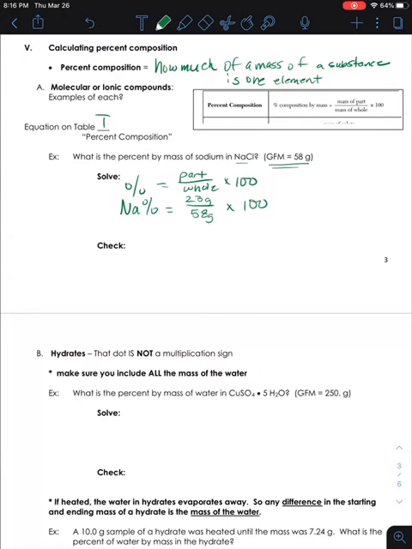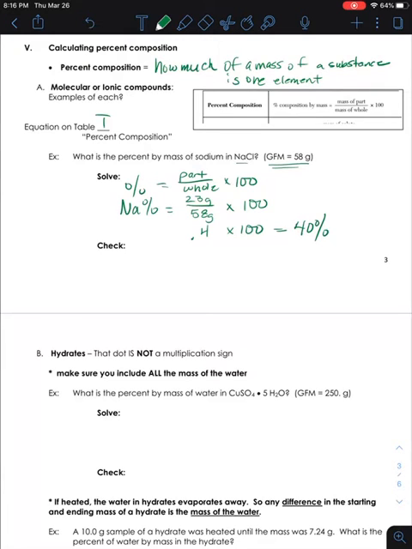Remember your order of operations here. So you're going to have 0.4 times 100, and that's going to be 40%. Okay.